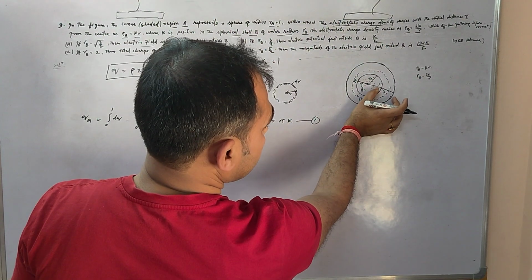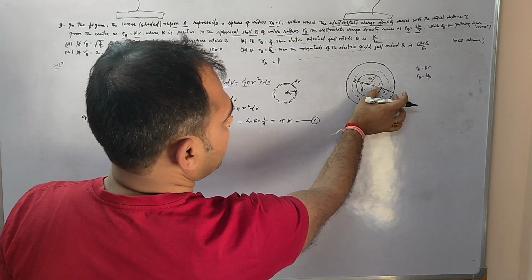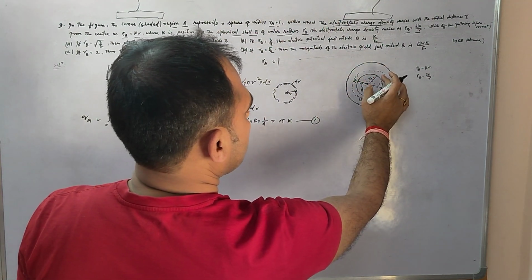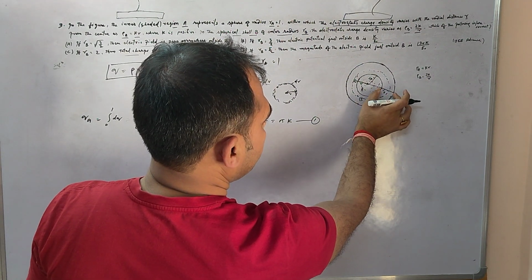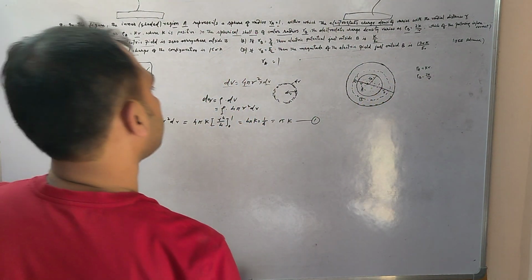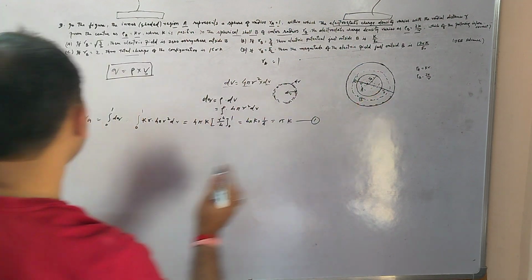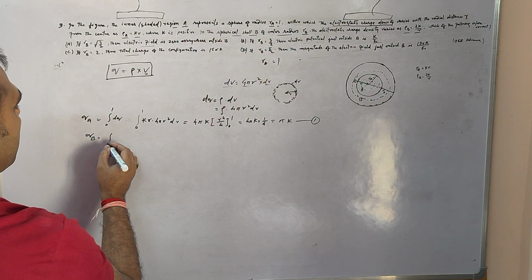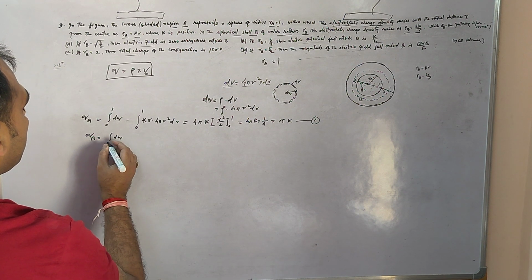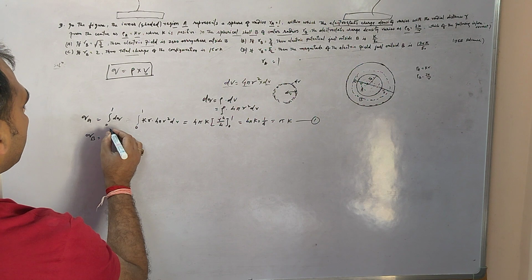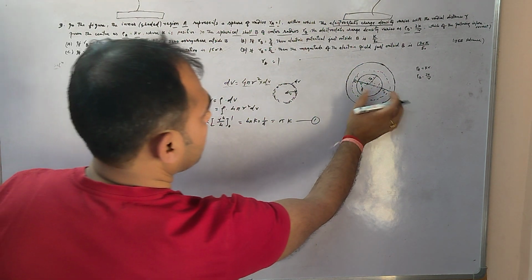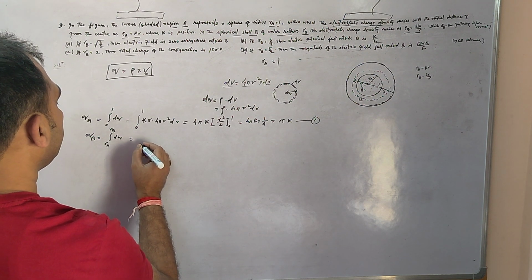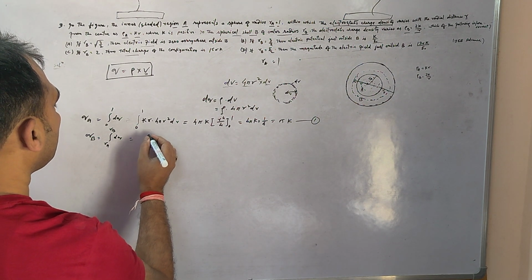Now what will be the net charge QB in this shell with outer radius RB and inner radius RA? For this region, QB will be equal to the integral of dq from RA to RB, that is RA is given 1 to RB.